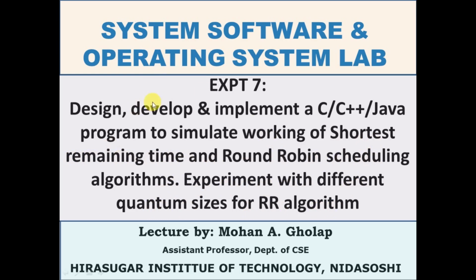So, here you have to design, develop and implement a program to simulate the working of these two scheduling algorithms. The first one is the shortest remaining time scheduling algorithm and the other is the round robin scheduling algorithm. Already in the theory we have discussed these two.